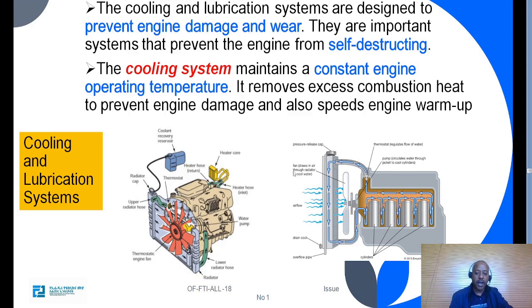You can see here how the coolant circulates inside of the vehicle. The hot coolant leaves the engine via this line or the upper hose, and it passes through the radiator, and during passing through the radiator the heat is released.